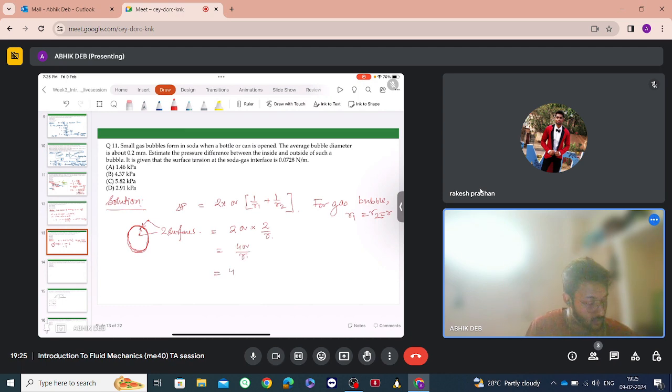Sigma is given as 0.0728, and the diameter is 0.2 millimeters, so the radius will be 0.1 into 10 to the power minus 3, taking it to meters. So this will come out to be 2912 Pascal or 2.91 kilopascal. That is option number D. If there is any doubt you can ask.